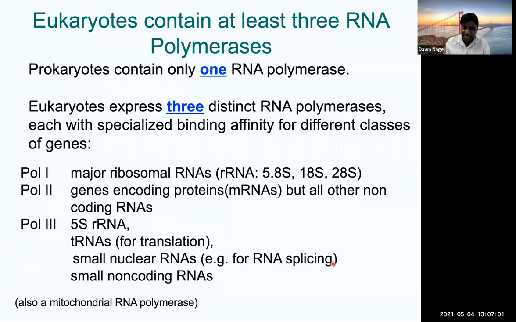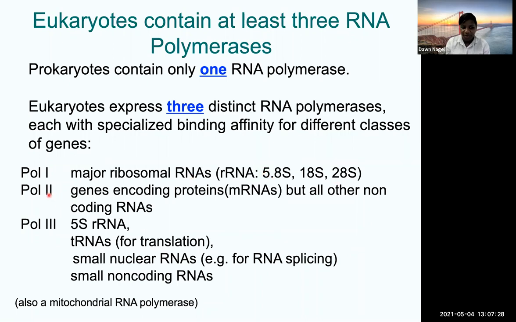Eukaryotes contain at least 3 RNA polymerases. Bacteria only have 1. And each of these polymerases has very different functions. So they transcribe very different sets of genes. RNA polymerase 1 is a major polymerase that transcribes ribosomal RNAs.